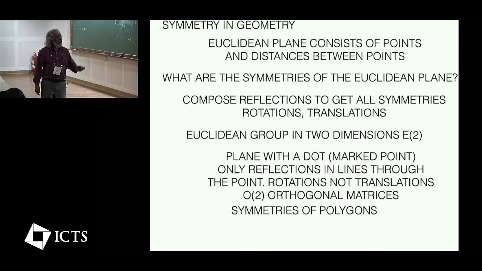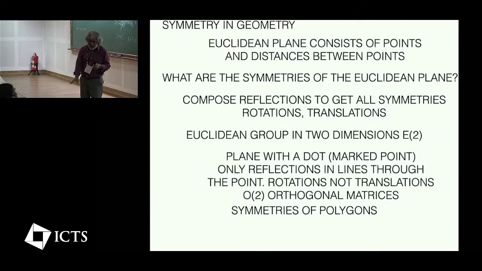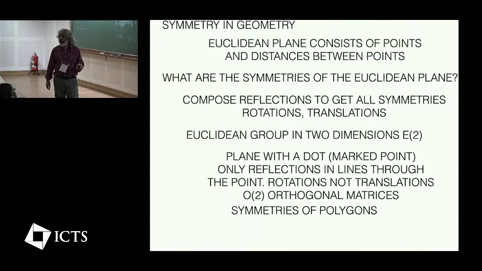Okay, so let's go to symmetry in geometry. Now the Euclidean plane consists of points and distances between points. So for example, take the infinite plane, and the plane has got points on it. Given any two points, I know the distance between them. So the question is now, what are the symmetries of the Euclidean plane?